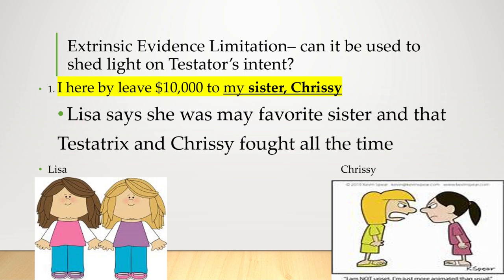Well, there's absolutely nothing ambiguous about that as long as the testator has a sister, Chrissy. All the extrinsic evidence in the world should not be able to modify that provision, that general bequest of $10,000 that can be carried out as written.